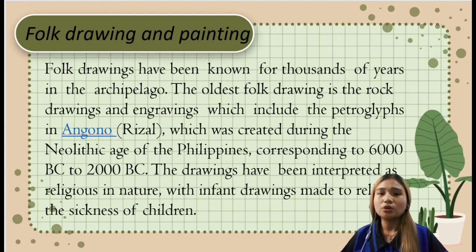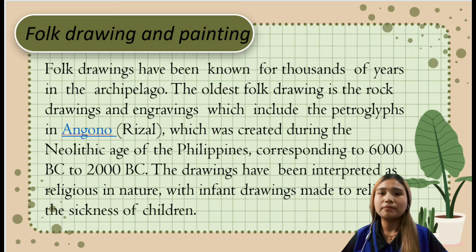The oldest folk drawings are the rock drawings and engravings, which include the petroglyphs in Angono, Rizal, created during the Neolithic age of the Philippines, corresponding to 6000 BC to 2000 BC.